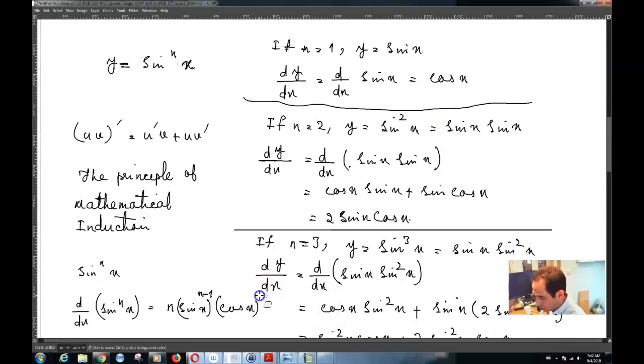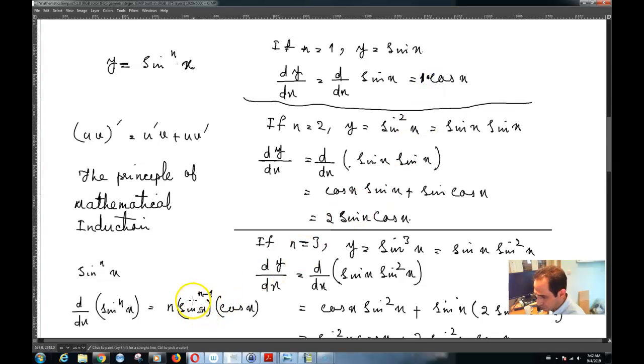So you can write it as basically cos x and sin x raised to the power n minus 1. So now it works here as well, meaning that you have n times sin x raised to the power n minus 1. So 2 minus 1 is equal to 1, so you have sin x raised to the power 1 here, and then cos x. And over here, if n is equal to 1, you have your n, which is a 1, multiplied by this.